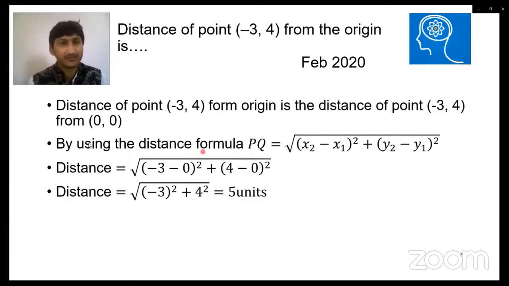X1 will be 0 as it is the x coordinate of the origin. And what will be y1? It will be 0 as it is the y coordinate of the origin. So distance is equal to under root -3 square plus 4 square, that is equal to 5 units. So by using the distance formula, we were able to find out the distance of the point -3, 4 from the origin.